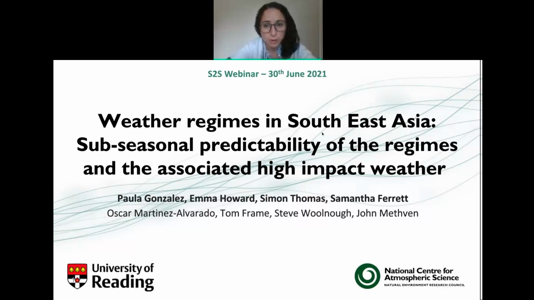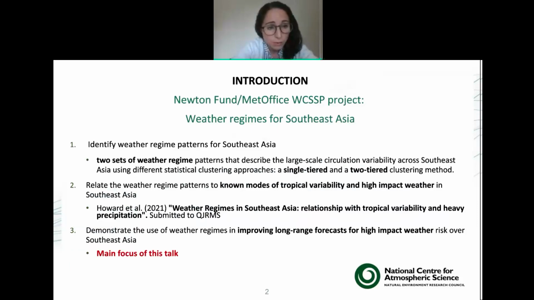This was part of a project that had three objectives. The first one was to identify a set or different sets of weather regimes for Southeast Asia that were able to describe both the large-scale circulation and the synoptic scale variability. We did that through a one-tiered and a two-tiered approach.